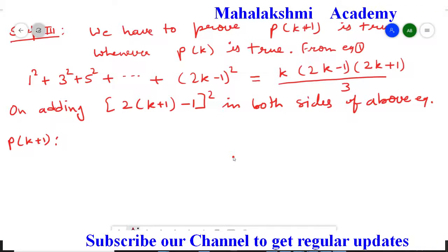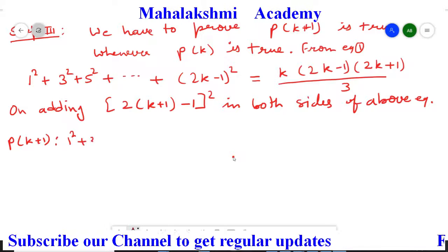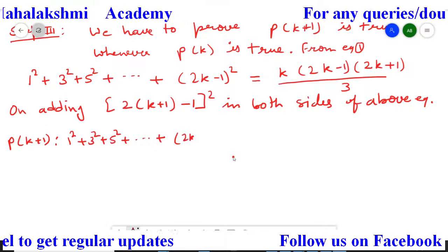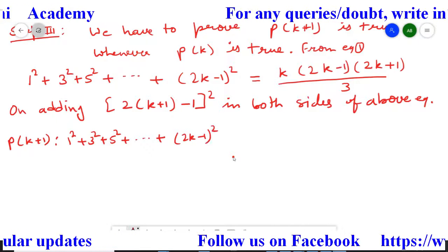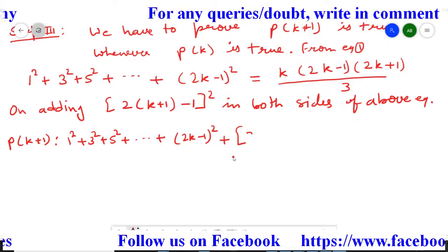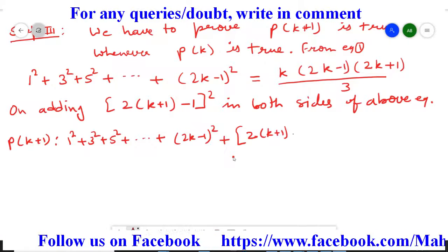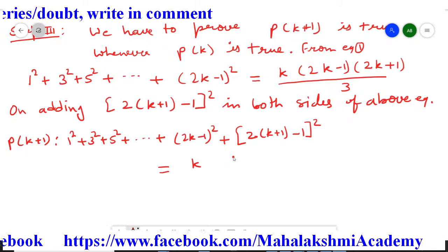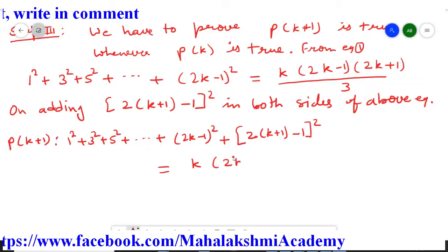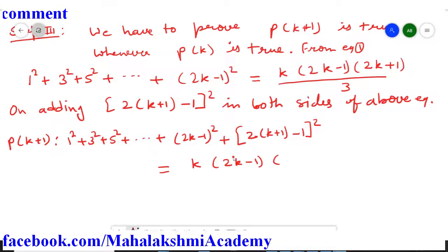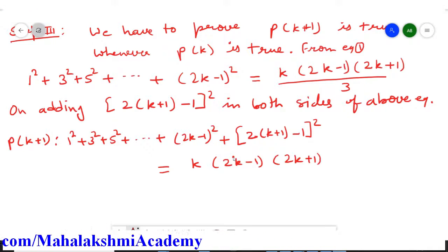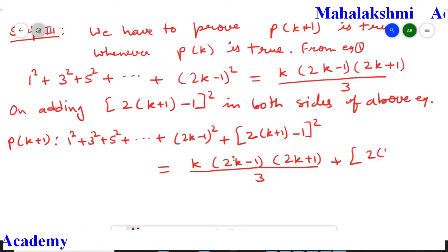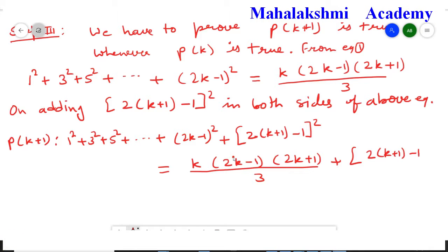So already I wrote the P(k+1) statement: 1 square plus 3 square plus 5 square plus, extended up to (2k minus 1) whole square, and additionally we add (2(k plus 1) minus 1) whole square on the left side, as well as on the right side. The right side I am writing down because of lack of space: divided by 3, and on the right side also we add (2k plus 1) whole square.